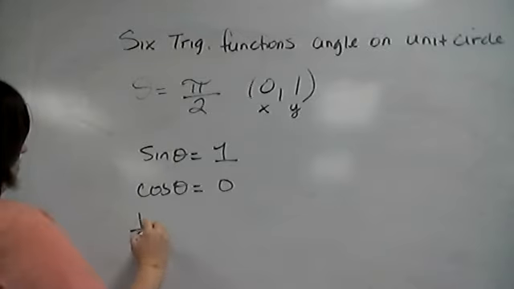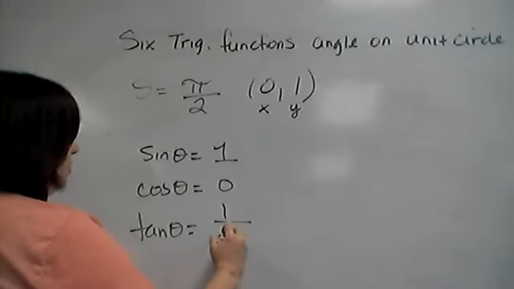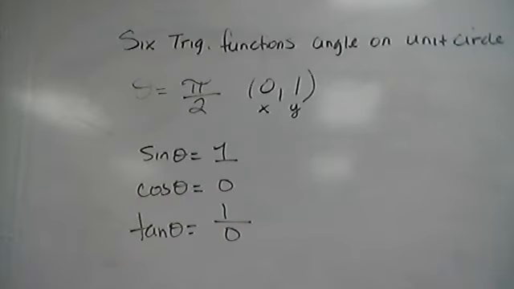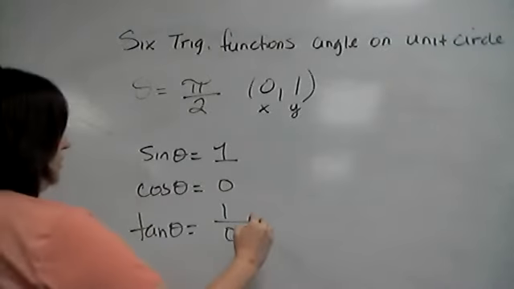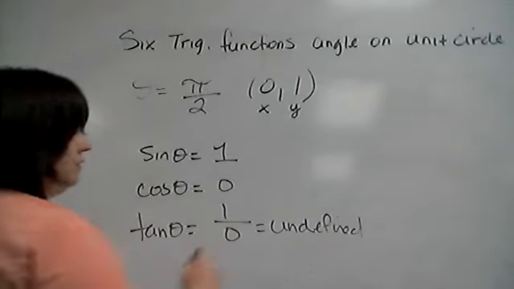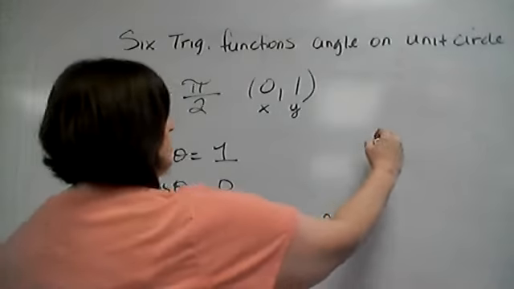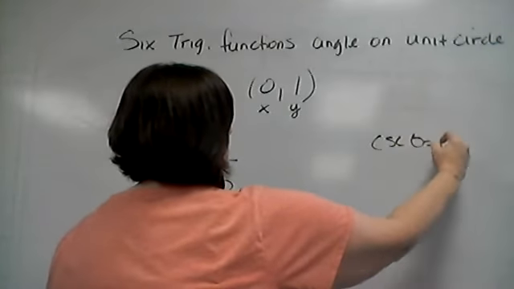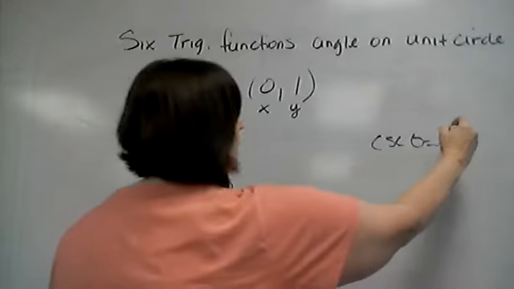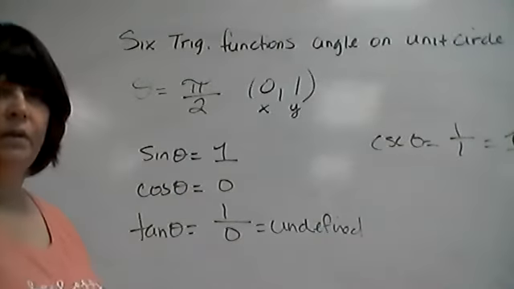The tangent of theta is going to be y over x, so 1 over 0. Now we cannot divide by 0, so that means this function is undefined. Then we have our reciprocal functions. The cosecant is going to be 1 over y, so 1 over 1 is 1.